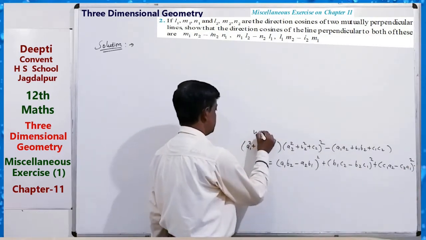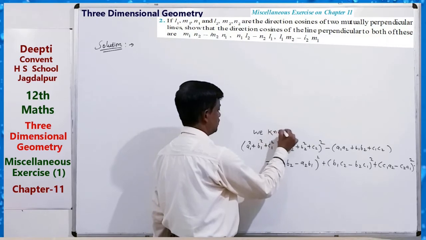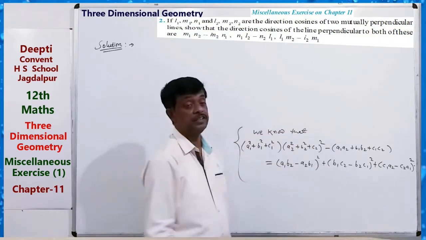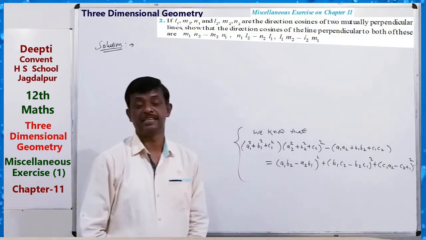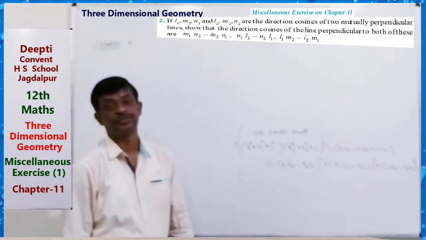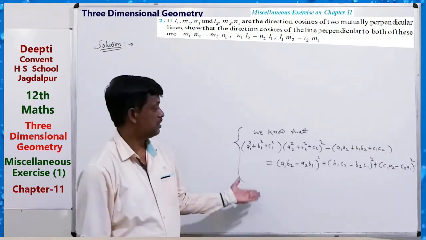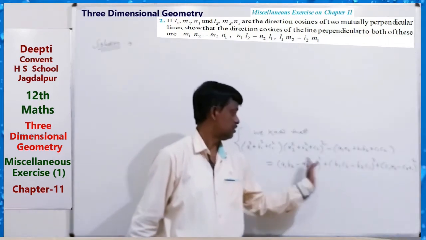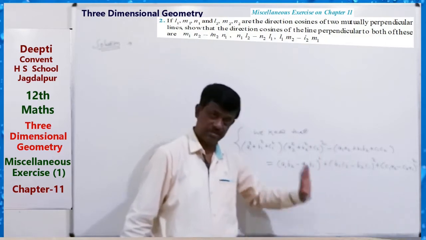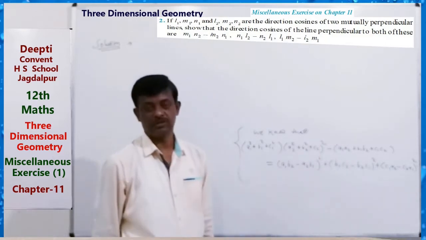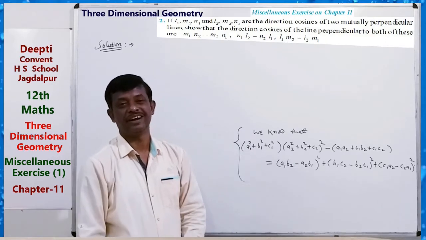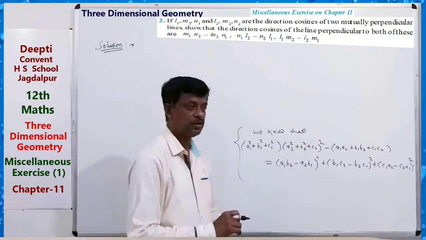We know that this is an algebraic identity, just so you know. You can verify this, the left side minus the right side, or by breaking these squares and summing, both sides are equal. So we will use this identity to find the direction cosines of a line.